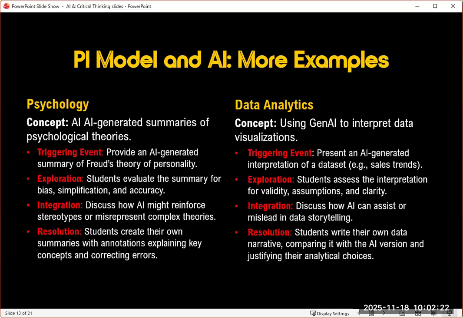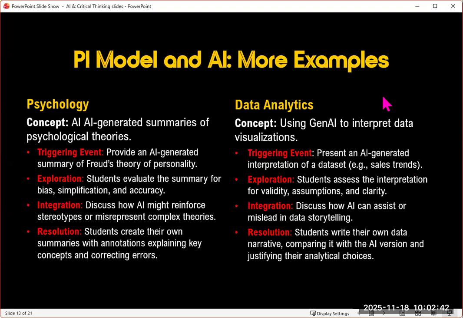Could be a great way to have a conversation about how AI might reinforce stereotypes or misrepresent theories. And then students have to engage in the critical thinking and analysis process by creating their own summaries and identifying key concepts, correcting errors, etc.